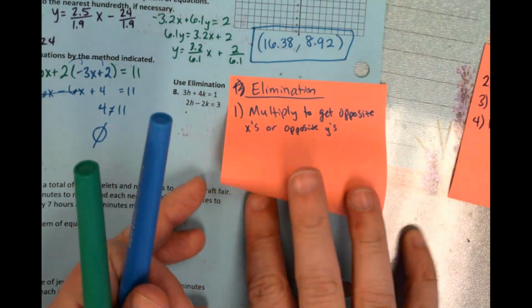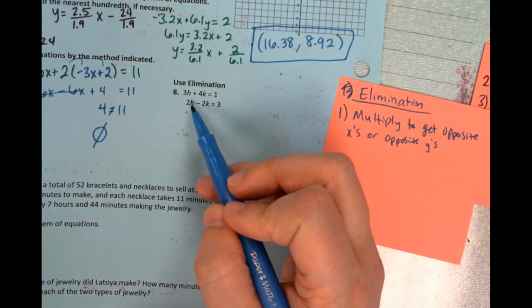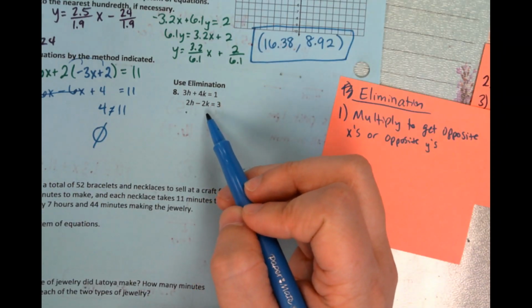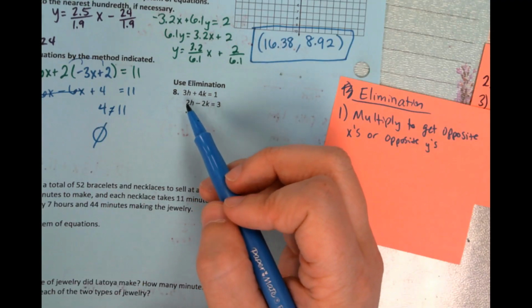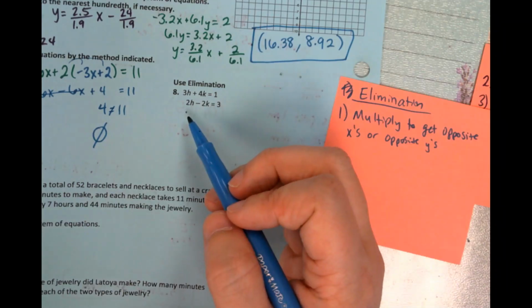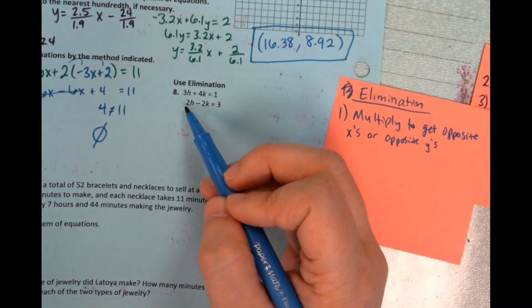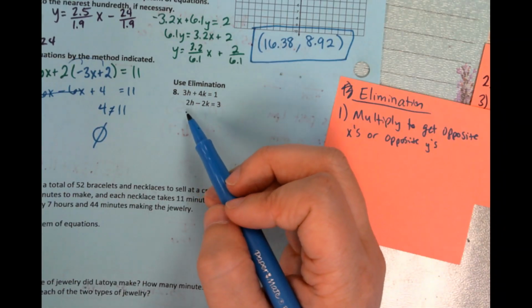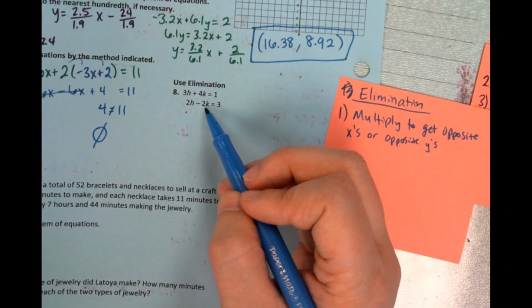Here's what I mean by that. Right now I have 3h and 2h, 4k and negative 2k. I want either 3 and 2 to be opposites, exact opposites. So in that case I could have like 6 and negative 6, but it would require me changing both of these. Or I could have this be 4 and negative 4.